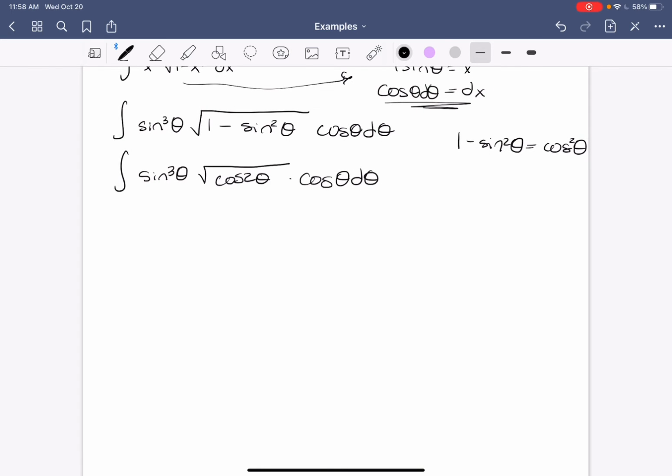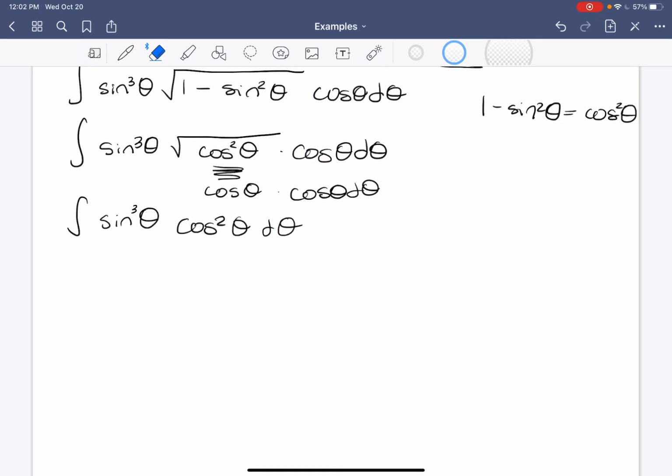Let me rewrite this. We can rewrite this term right here, since the square root and the square will cancel out. So we can write this as sine cubed theta cosine theta. This will just be cosine, and I'm multiplying it with another cosine theta d theta, which will make that cosine squared theta, d theta.